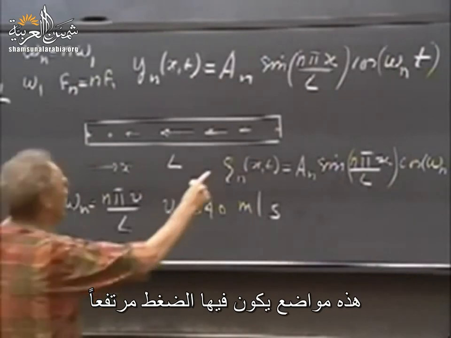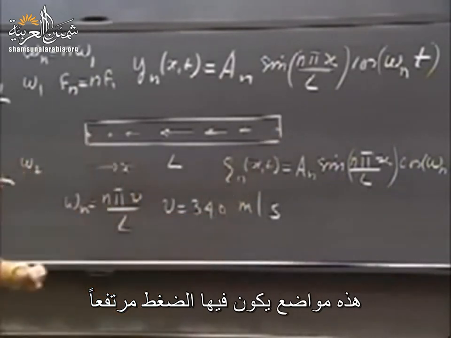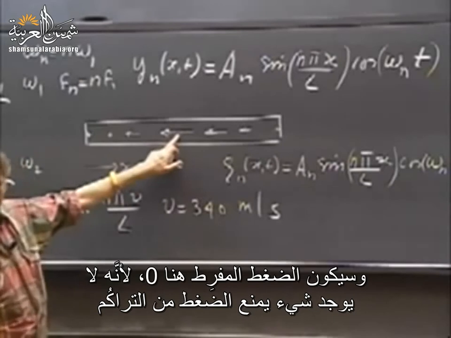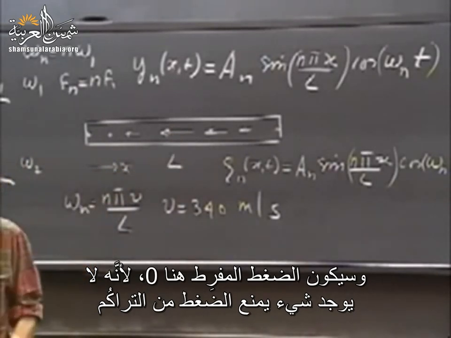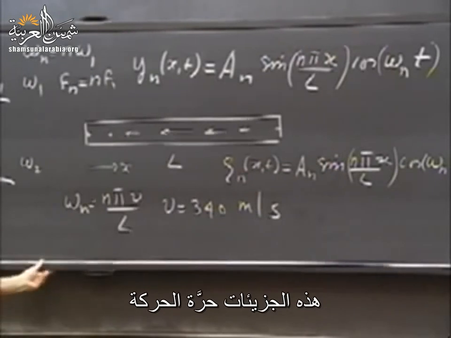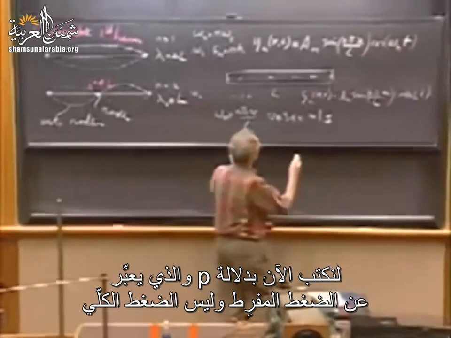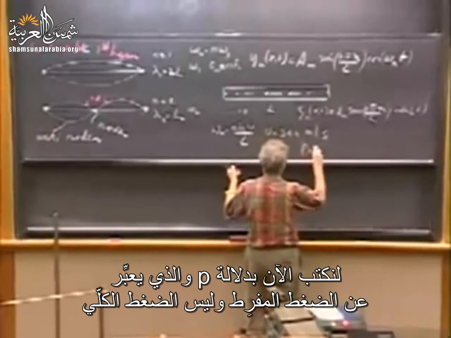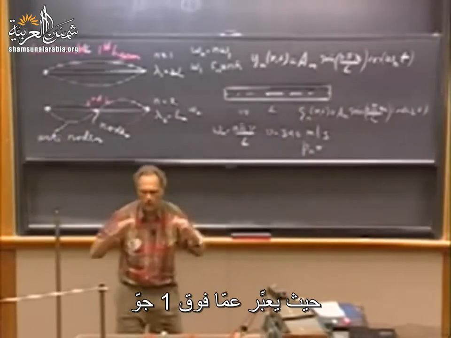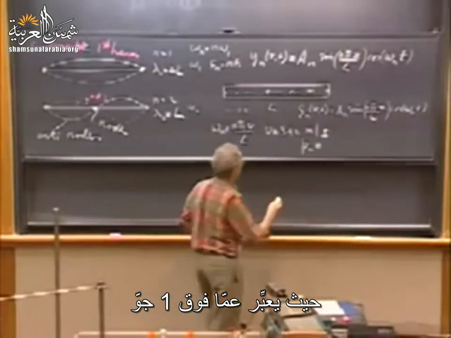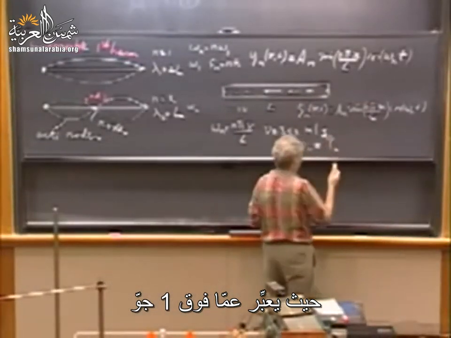So these are the locations where the pressure becomes high, and the overpressure over and above ambient is zero here. There is nothing that prevents the pressure from building up. These particles are free to move. And so if you write it down in terms of P, which is now overpressure, it is not the total pressure, but it is what is over and above 1 atmosphere, then you get some amplitude in pressure.